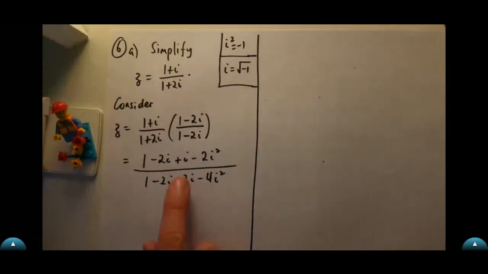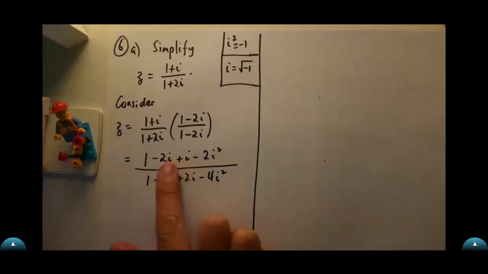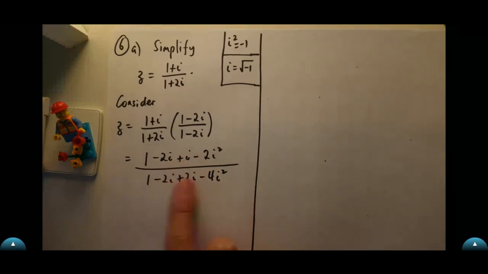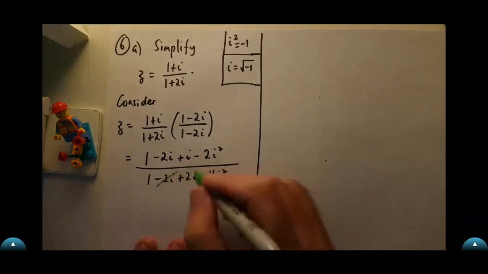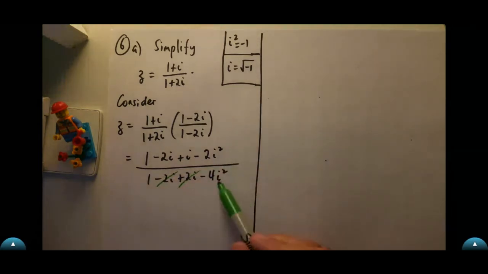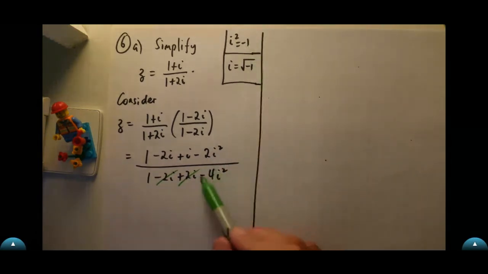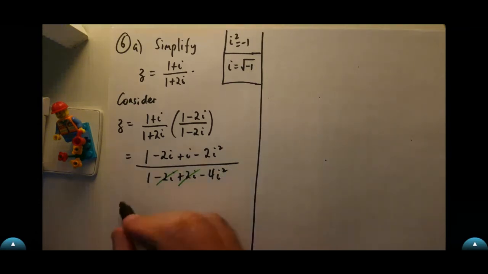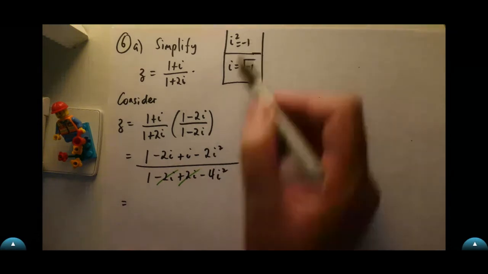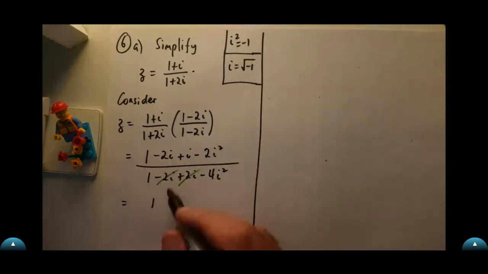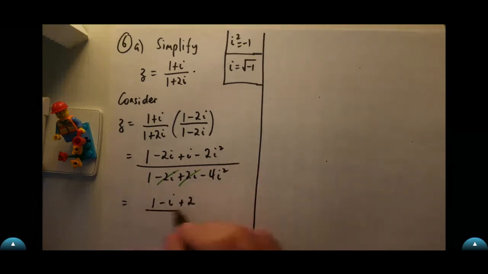Okay, so I'm doing this the long way, but you can see these are going to simplify. These are going to disappear, and i squared equals -1. So this is going to all become real on the bottom. And that was part of our aim, right? So i squared equals -1. That's going to be 1 minus i plus 2.